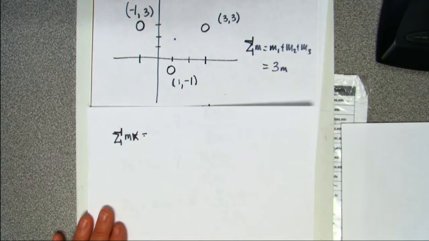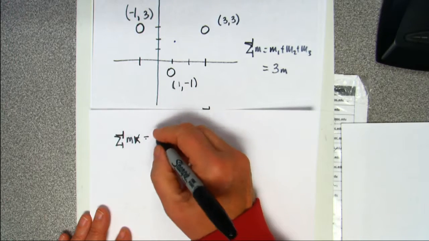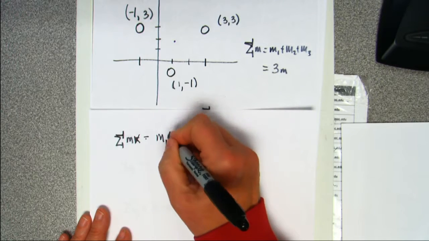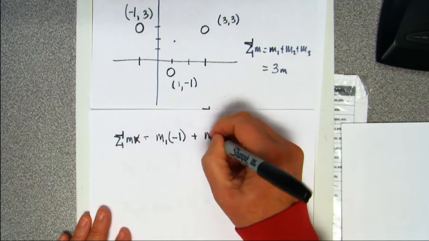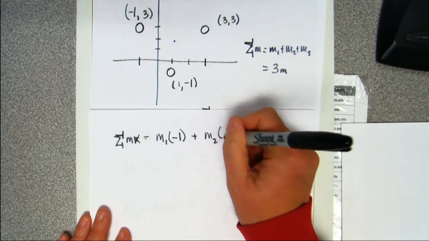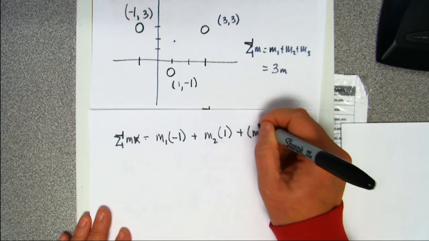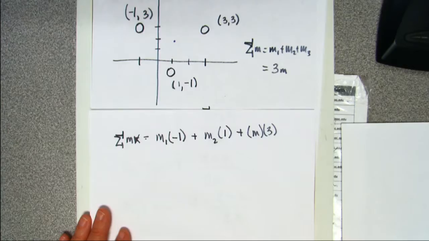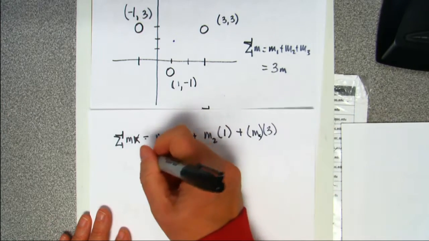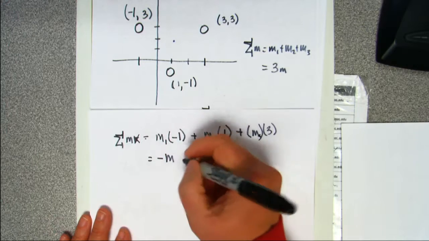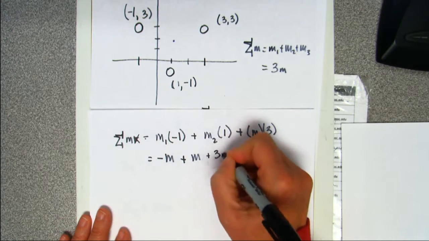position. So I've got mass 1 times its x position, which is -1, plus mass 2 times its x position, which is +1, and mass 3 times its x position, combined. These and M1, M2, and M3. So now I get -m plus m plus 3m.